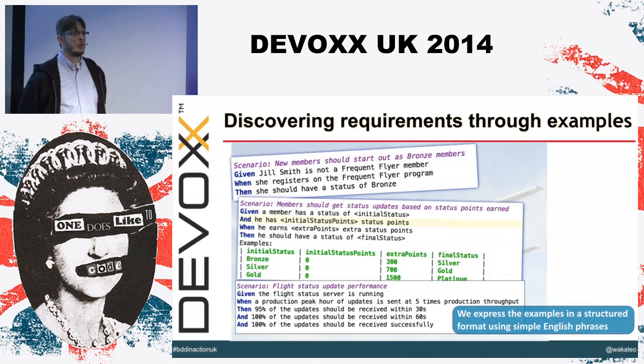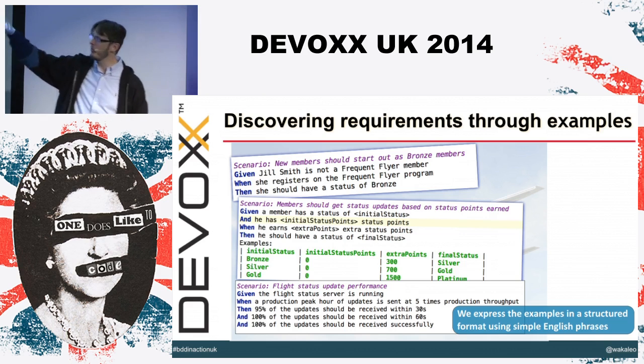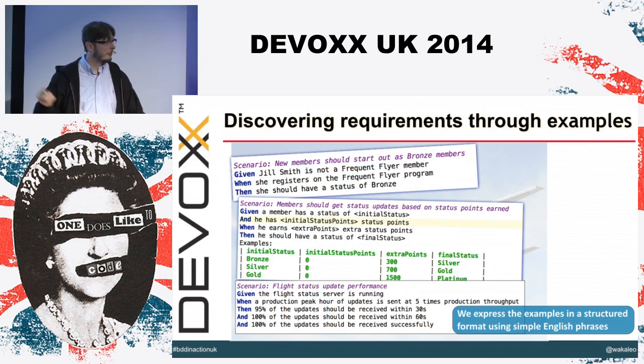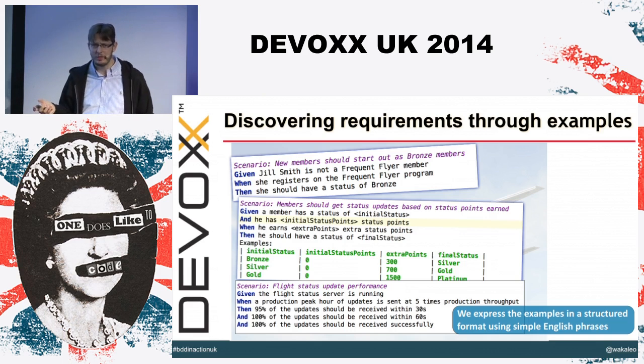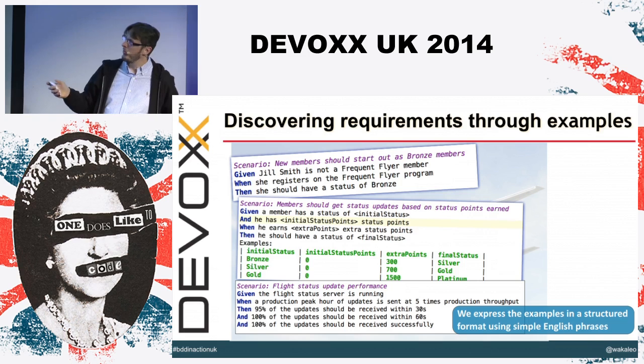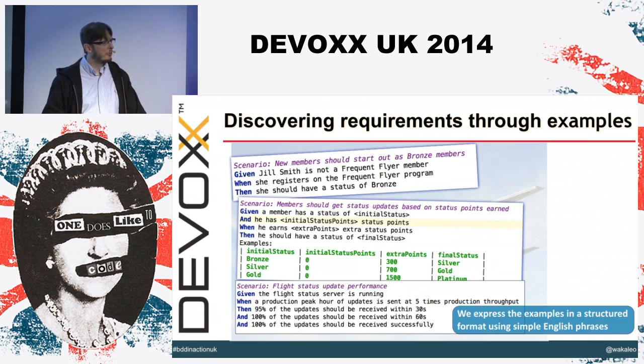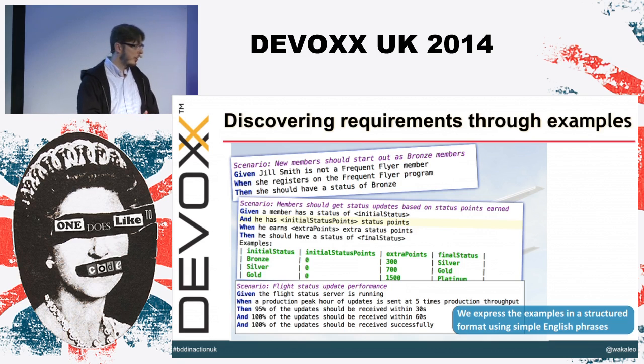Yes, anyone not familiar with this syntax? Can I assume that everyone is? So if you're not familiar, this is a type of notation that we use in tools like JBehave or Cucumber or SpecFlow to represent your requirement. So it's a semi-English requirement which can be used in automated tests and wired up to test code behind the scenes.